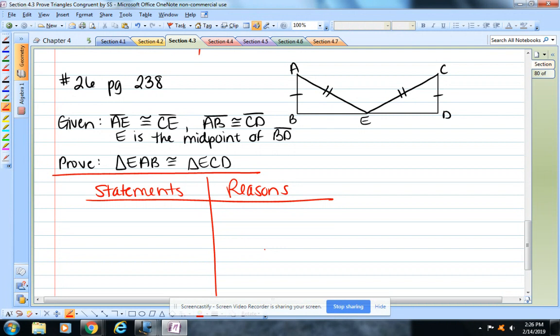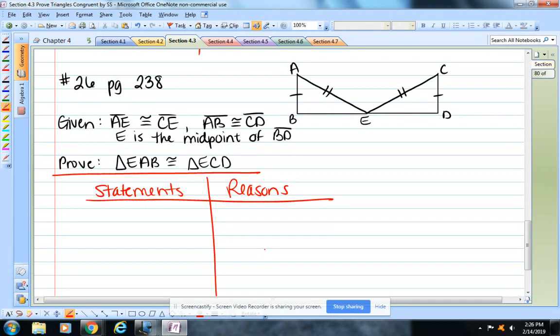There's actually 3 things given to me. We're not using the reflexive property.